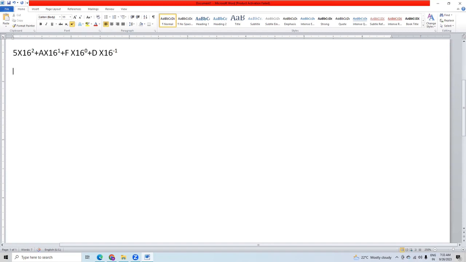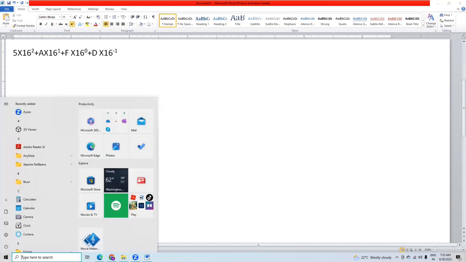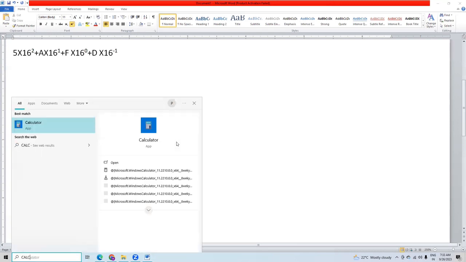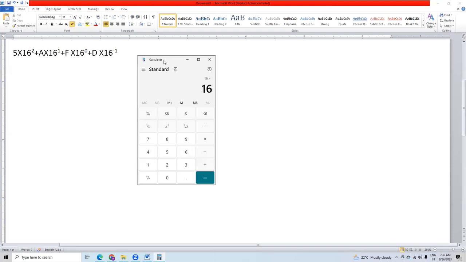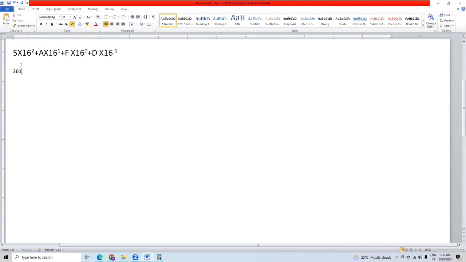So now you have to calculate the answer for 5 into 16 to the power of 2. Let us use the calculator. 16 into 16, 16 raised to 2, no? 256 into 5 is how much? 1280. That we will write here.